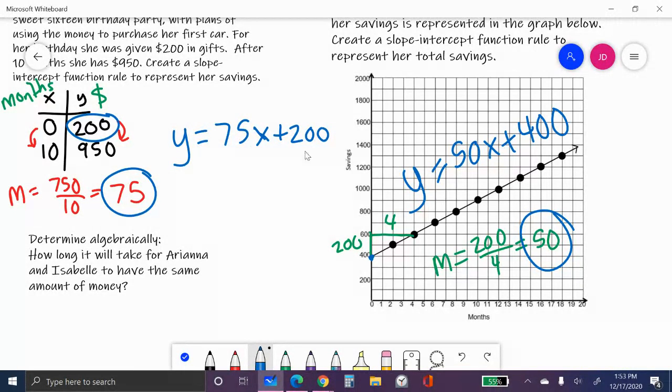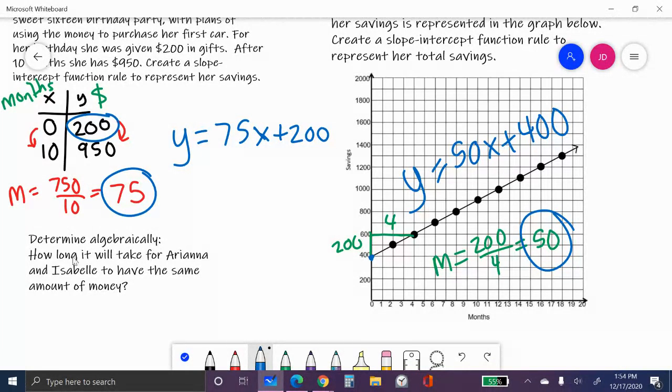So we have both our function rules right here for Ariana and Isabel. All right. And again, there's other ways you could figure out this slope. I tried to do it easier with this one. Went up 200 divided by 4. All right. You could have done up 100 divided by 2 and still got 50. All right. So I just try to use the numbers in the chart to help me.